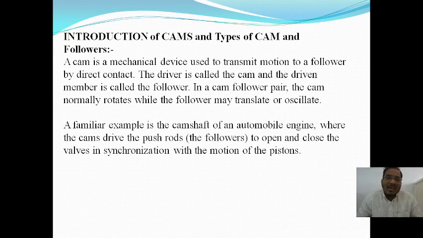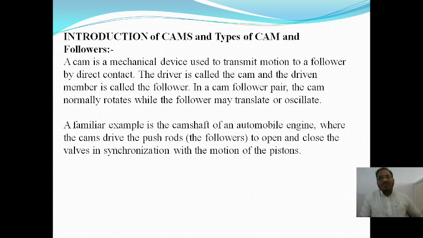The other two tires remaining, the rear wheel side, are followers. So we can say that they are driven tires. And another thing is in cam follower, the cam normally rotates while the follower may translate or oscillate.